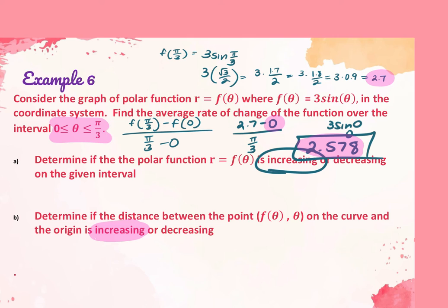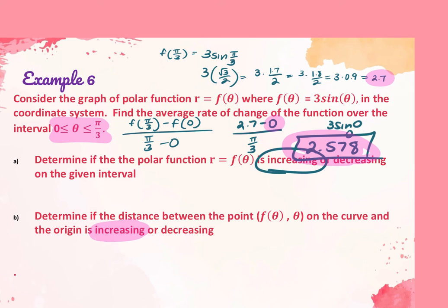I'm still confused on what you're looking at that's increasing. So if you use the shortcut, you're looking to see if the r is positive or negative. So from 0 to 2.7, those values would be positive. So your r's are positive. Then you're looking to see are the r's getting bigger as you go from the first angle to the second angle, or are they getting smaller? We already found the average rate of change, and that's positive, which tells you it's getting bigger.